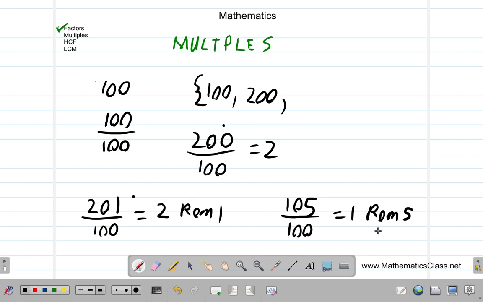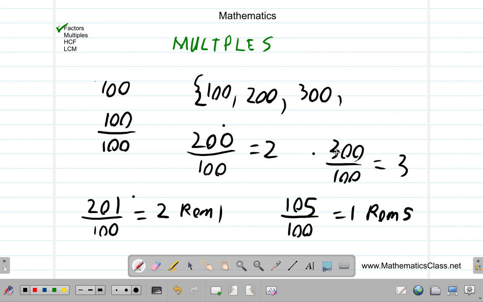Let us try another number. 300 divided by 100. Is 300 a multiple of 100? When you divide 300 by 100, you get 3. No remainder. So 300 is a multiple of 100.